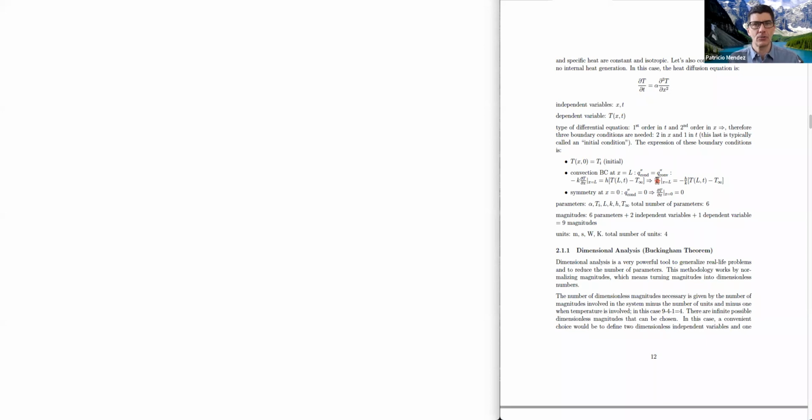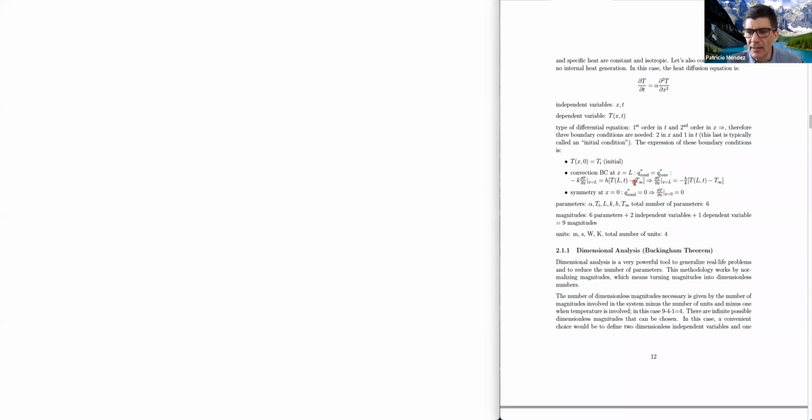We also looked into something that is the number of parameters. We have a parameter here that is alpha. X, time, and temperature can change for the same problem at different times and different places. But the thermal diffusivity never changes, right? Same with the initial temperature. That's a number that is good for the whole problem.